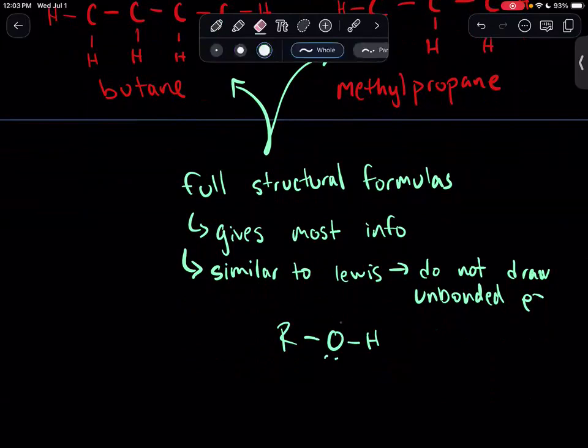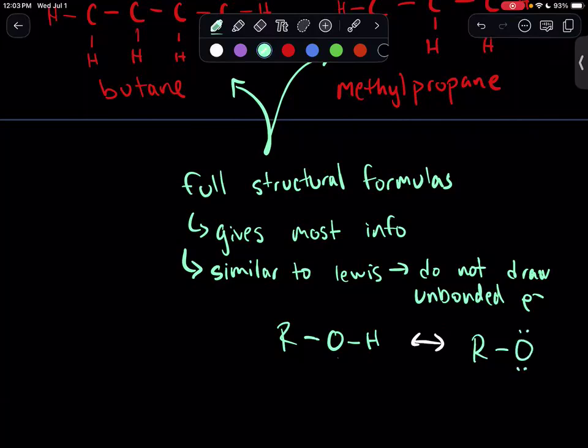This is just not necessary. And so I'll do a little vice versa of this right here. R, O, H. So here's our Lewis, and here's our full. So non-bonded electrons are not shown.